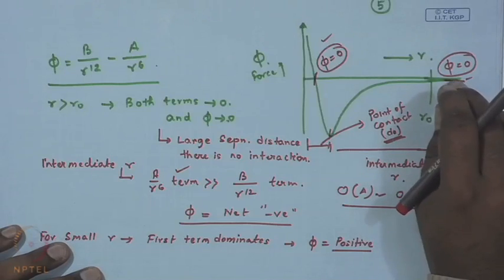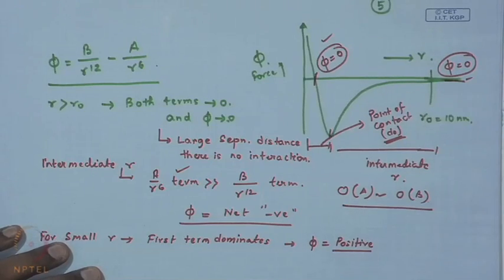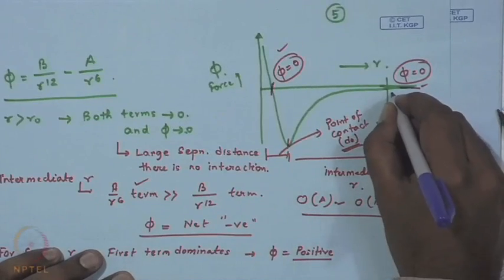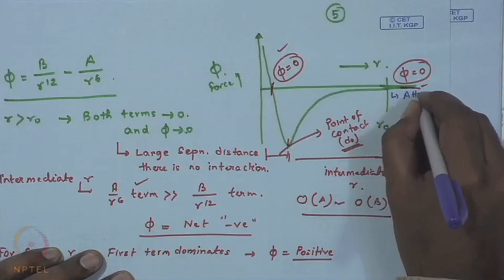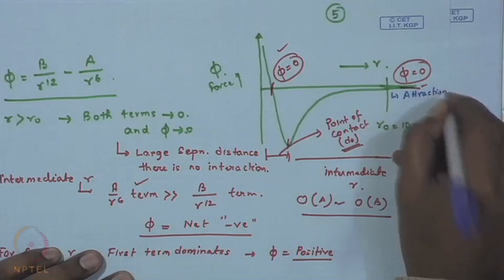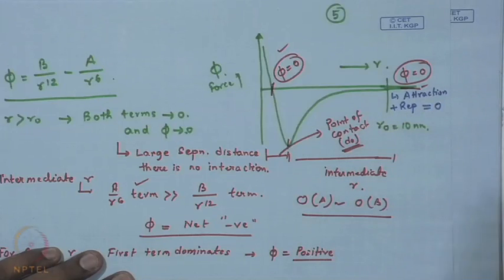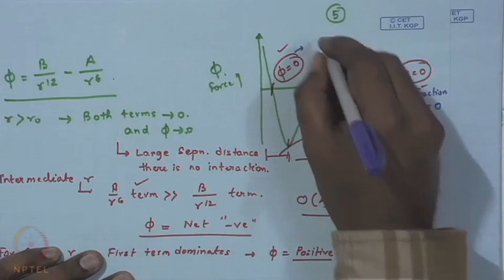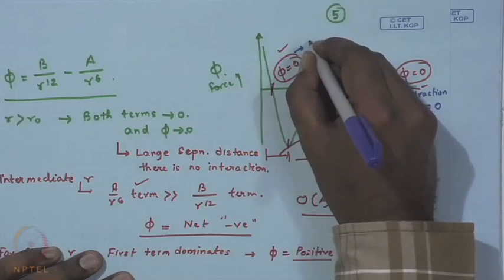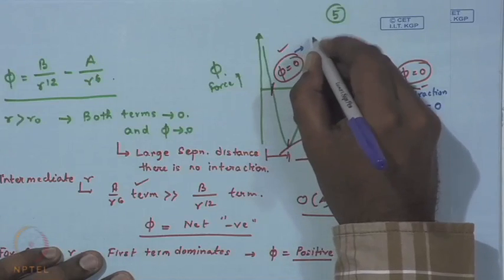Here phi is equal to 0 because in this particular area attraction and repulsion both equal 0. Over here it is different: the attractive forces and the repulsive forces match each other.